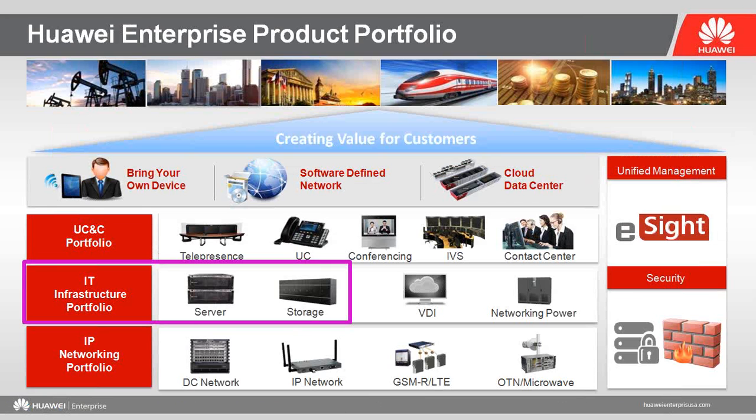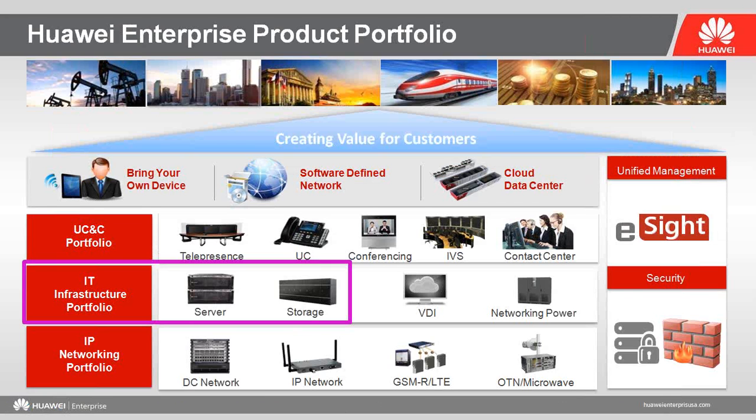We also have a substantial IP networking portfolio covering carrier-grade data center switching, SDN switching, WLAN switching, GSM, LTE, and we are also the leaders in microwave and optical markets as well for WAN solutions.